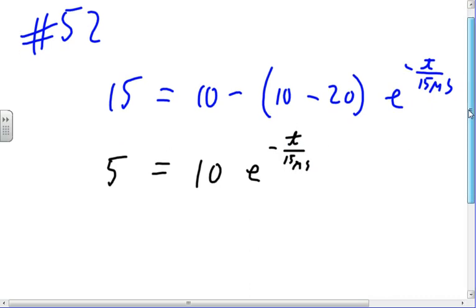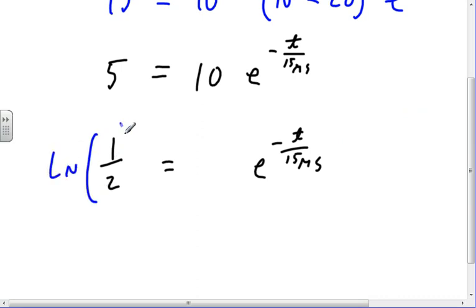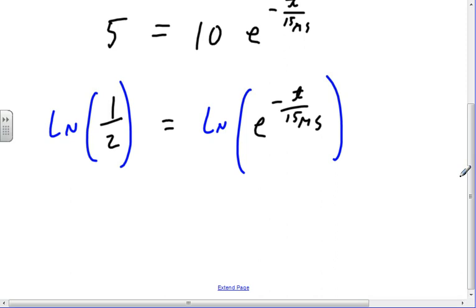So that's my first simplification. I'm going to bring the 10 to the other side. 1/2 is equal to e to the minus t over 15 microseconds. Okay, I'm now going to take the natural log of both sides because I'm in the chapter that tells me that's what I'm doing. Okay, the natural log of 1/2. Anybody remember that? 0.5. So that's minus 0.693.